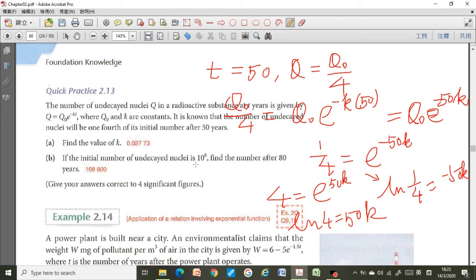And the last one is, if the initial number on decay is 10 to the power 6, find the number of nuclei after 18 years. So you put in the k value, which is equal to log 4 over 50.